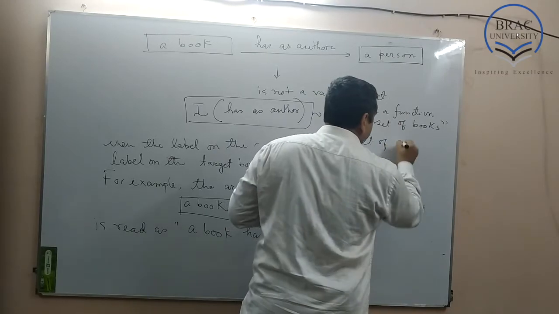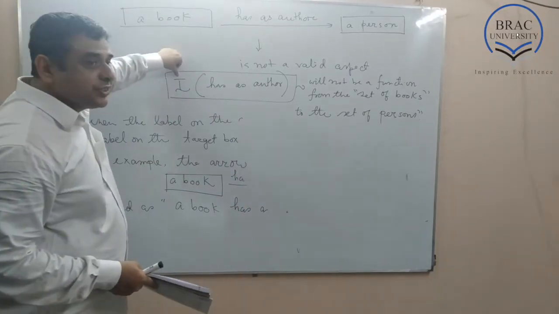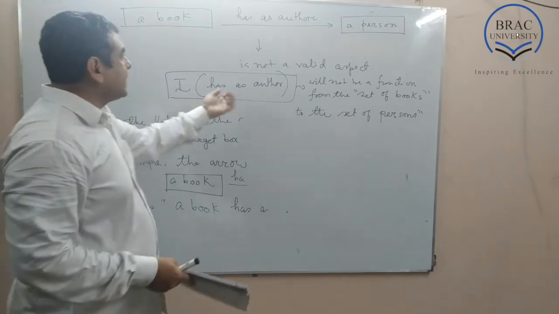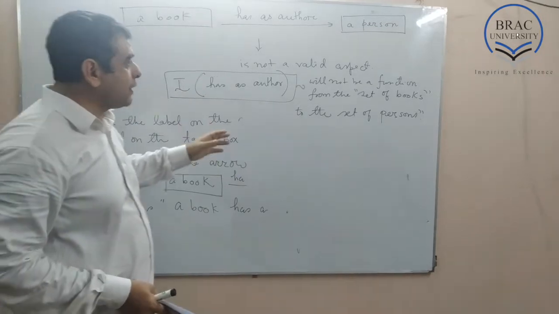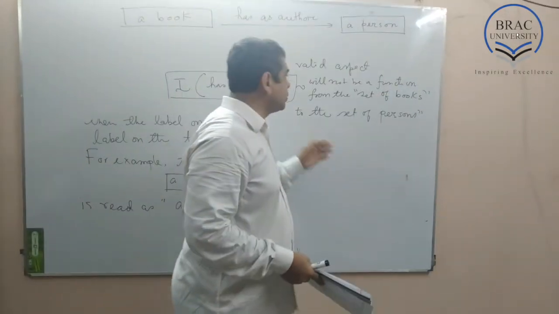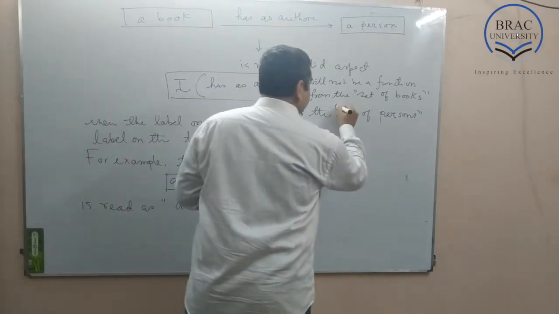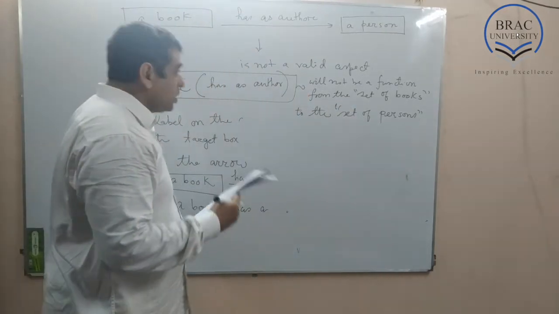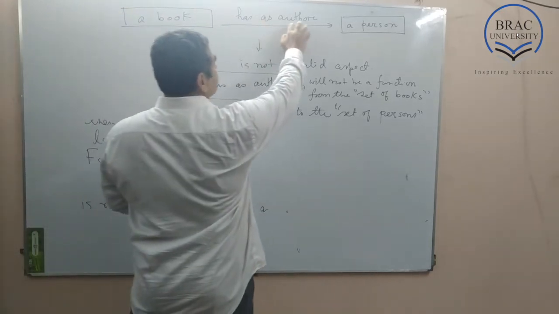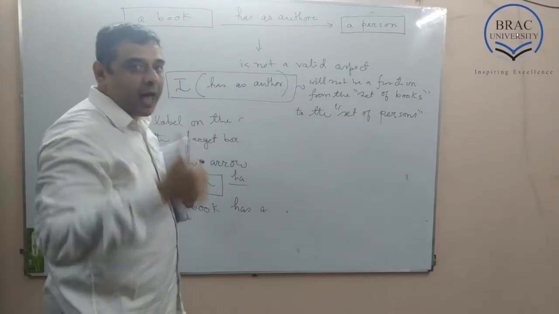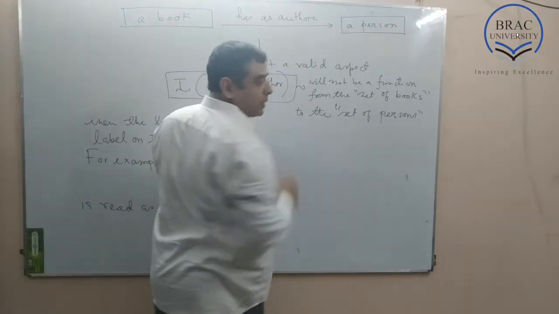So the instance functor acting on the aspect has as author will not be a function from the set of books to the set of persons. And for that reason, has as author will not be a valid aspect between the two types of the Olog.